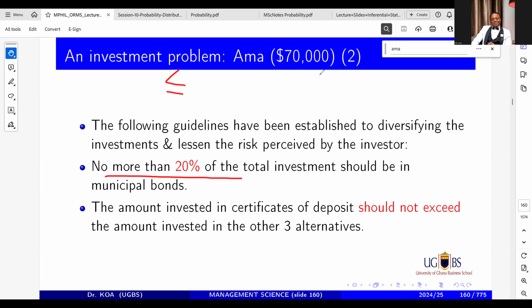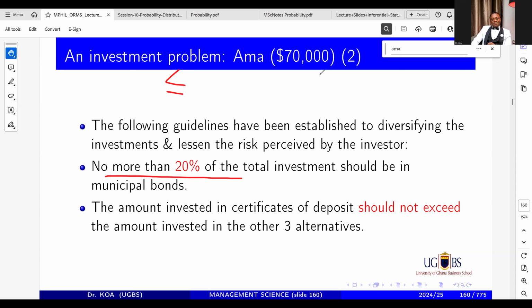Now, 20% of the total investment should be in, so your mind should be in English. You should ask yourself, what is 20% of the total investment? You are not supposed to go and write symbols like X's and Y's and things like that. You may write 0.2X, which is wrong.